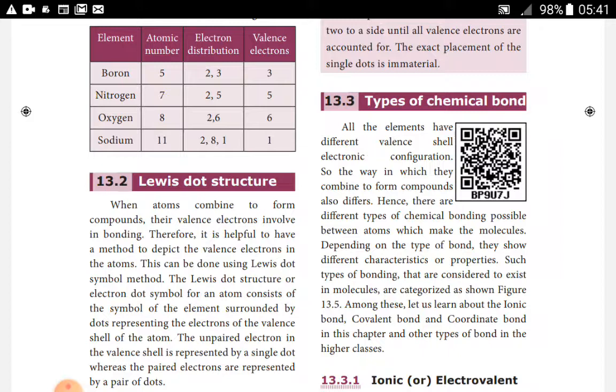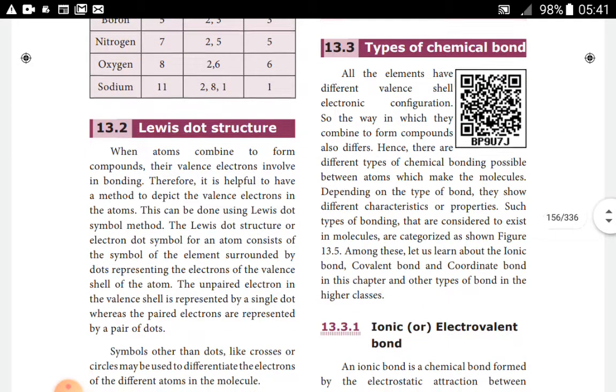So, it depends upon the combining capacity of an atom of an element. What is called combining capacity? That is called valency. Valency is combining capacity. That combining capacity is completely based on the number of electrons present in the valence shell. The number of electrons is not the same for all atoms of elements, because all the atoms of elements do not have the same atomic number.